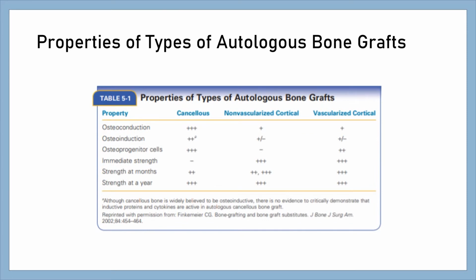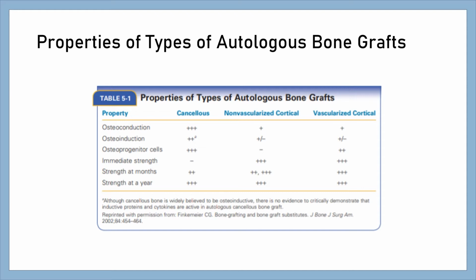Properties of types of autologous bone grafts. Osteoinduction refers to the recruitment and differentiation of pluripotent mesenchymal stem cells into bone-forming osteoprogenitor cells, mediated by graft-derived growth factors such as bone morphogenetic protein, or BMP. Osteoconduction involves the creation of the bone scaffold that supports the ingrowth of blood vessels and perivascular tissue as well as the attachment of osteoprogenitor cells.